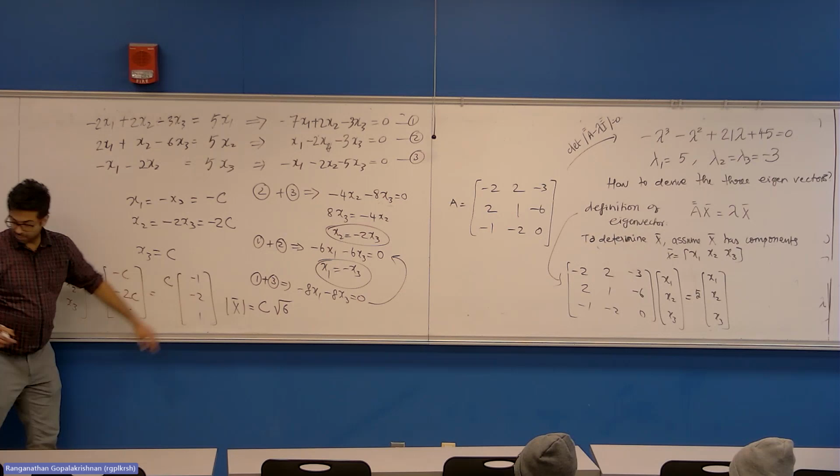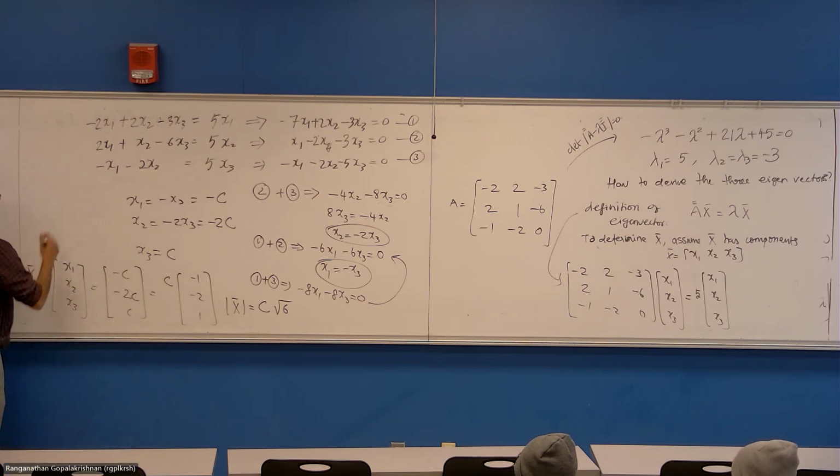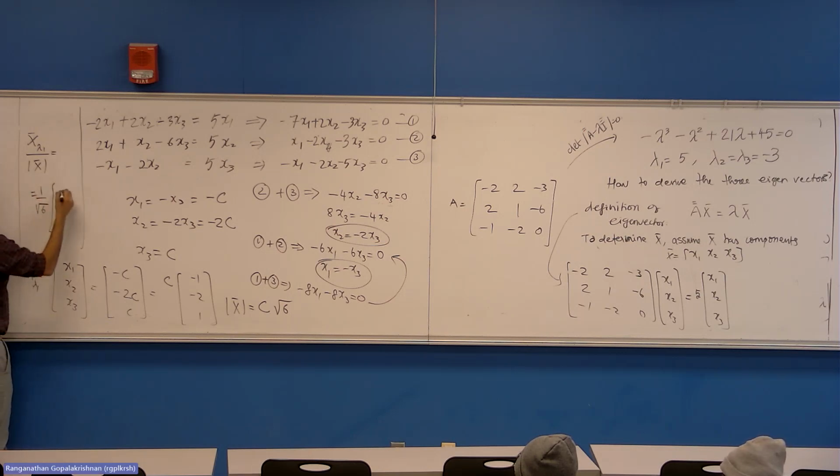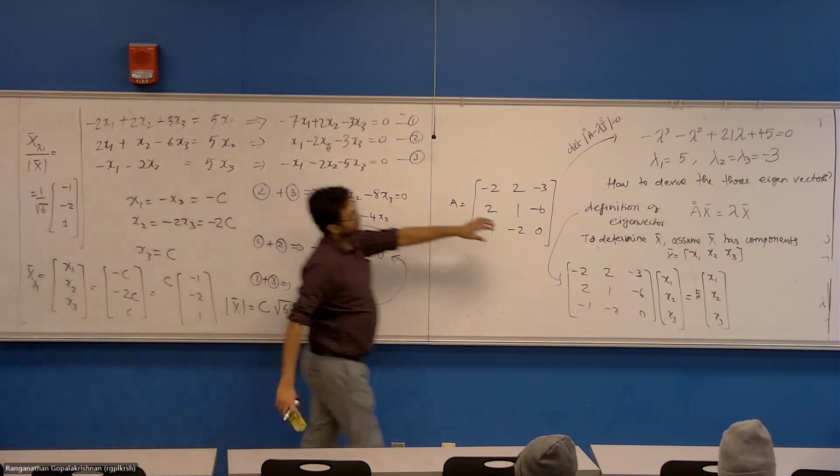So if I divide by the magnitude, if I take x and divide by its magnitude, I'm going to get 1 over square root of 6 times minus 1, minus 2, 1. This is my first eigenvector corresponding to the eigenvalue of 5.